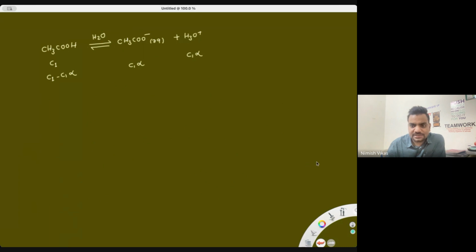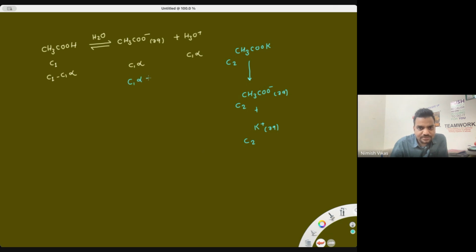We had added potassium acetate, CH3COOK. That gave us CH3COO minus aqueous plus potassium ion aqueous. We had taken the C2 concentration of this, so we got C2 concentration of this and C2 concentration of this. This C2 concentration of acetate ion is coming into the solution. So this suddenly became C1 alpha plus C2.